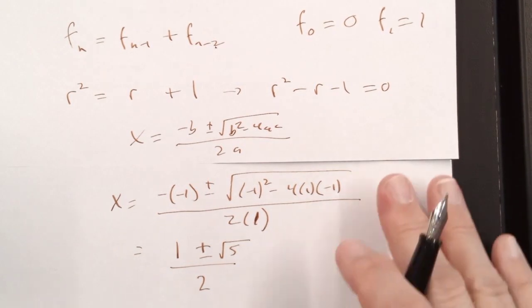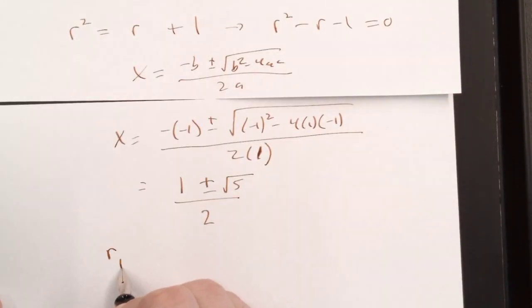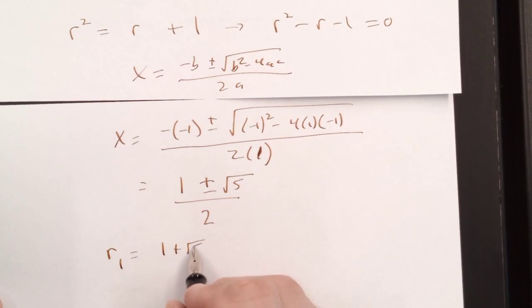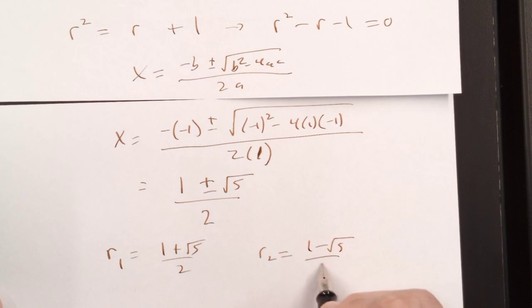Wait a minute. So that means my numbers are those two numbers. That number has a name. You should Google that.